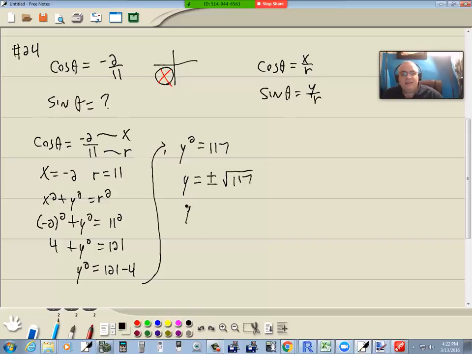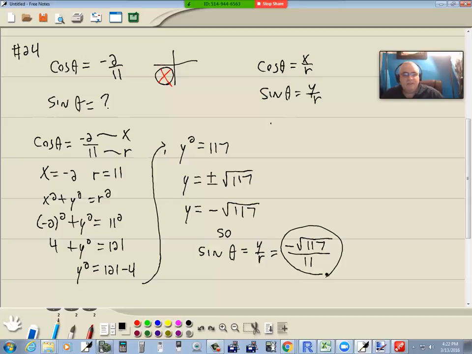Your y values are negative, so y is going to equal a negative square root of 117. So now that we know what y is, we said sine is equal to y over r. So we're going to have negative square root of 117 over r, which we said was 11. And that's our answer for 24.